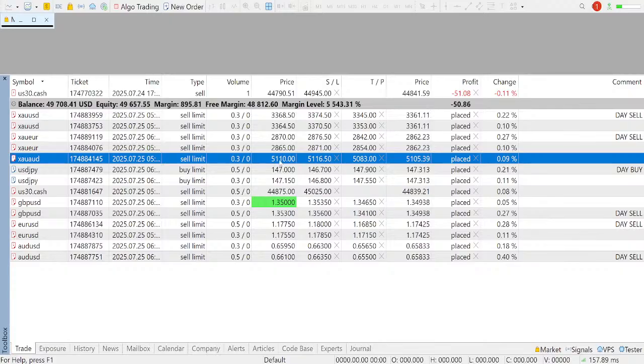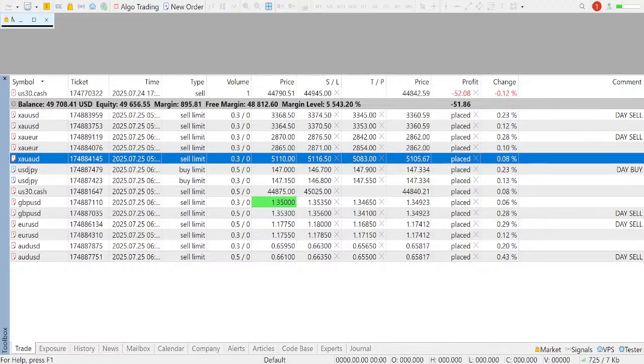So this is a scalping call which we have placed, and this is conservative. But of course, if we want, we can enter at market because we don't have any trades. But we will just wait to see whether we get any corrections or any pullback.